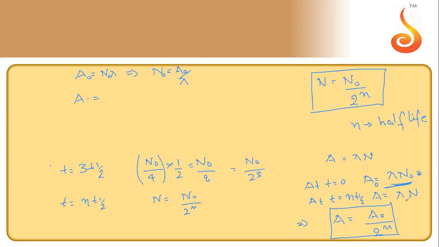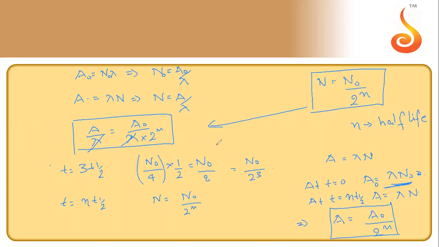And activity at time n half lives is A, so A equals lambda into N, or N equals A by lambda. So in this formula, let's substitute the values of N. A by lambda equals A naught by lambda divided by 2 raised to power n. So lambda lambda will get cancelled. You will get the same relation for activity as for the number of nuclei.